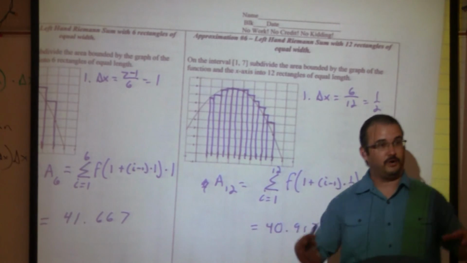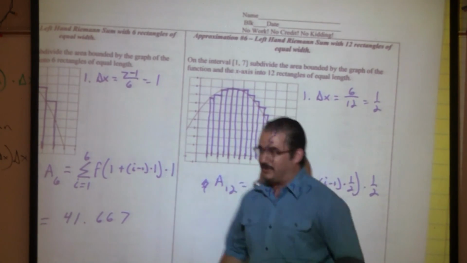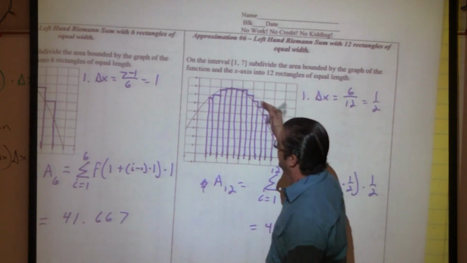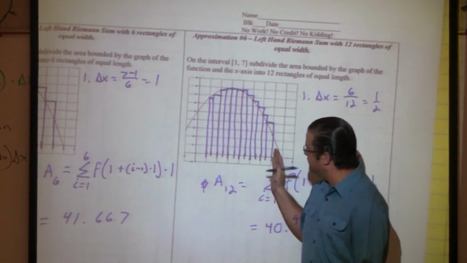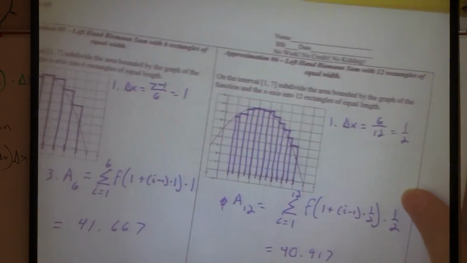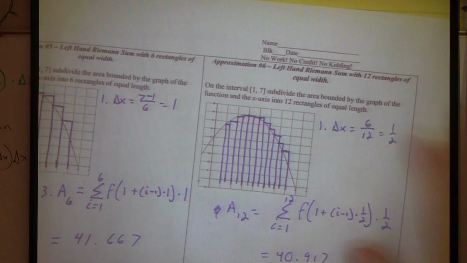That's kind of like a what? So what should the limit be? 40. So that means the exact area under the curve from 1 to 7 should be what? 40. Oh my God, that's beautiful, isn't it? Very good. Wow. I love math. Okay? You got it?